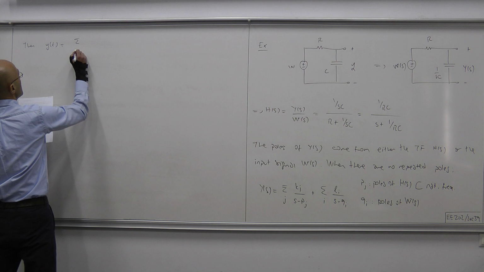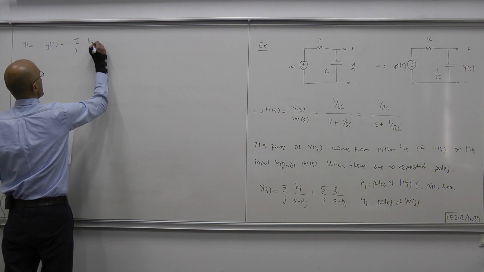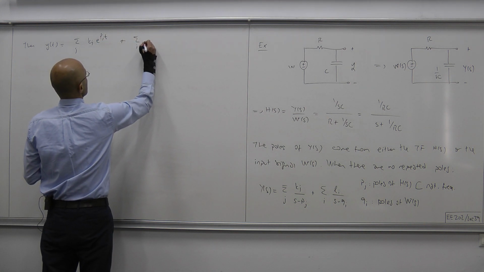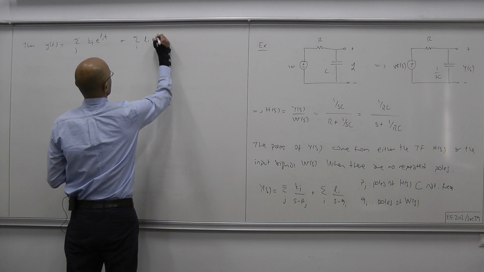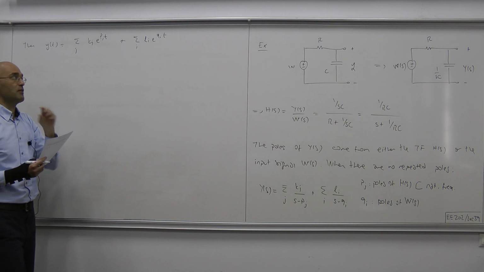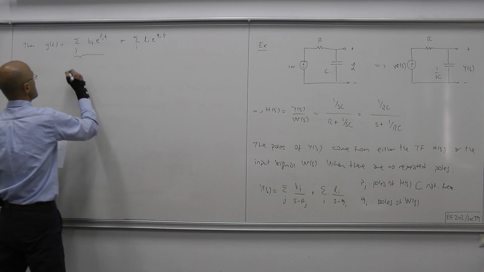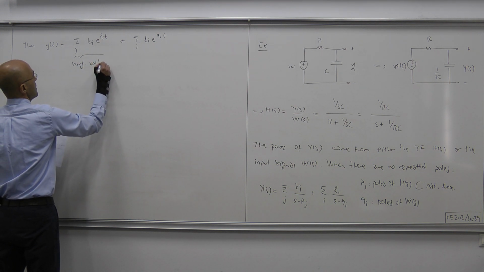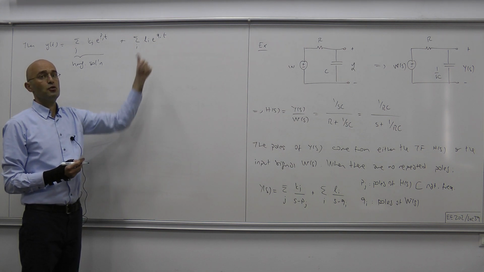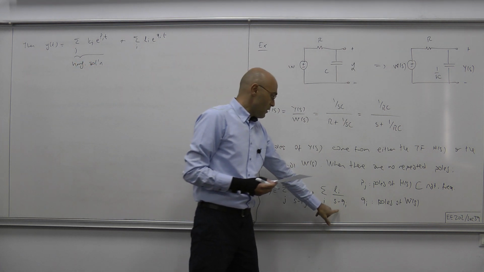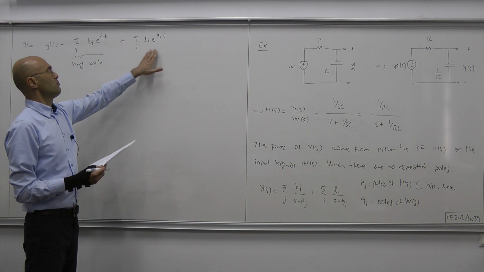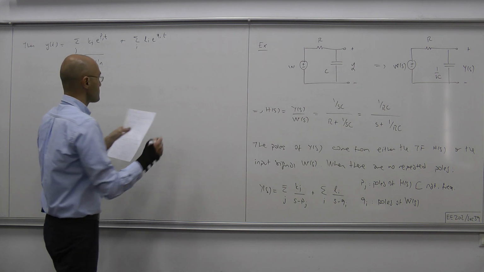In other words, we have the sum over j of Kj e to the Pj t plus the sum over i of Li e to the Qi t. Since these terms are coming from natural frequencies, this is no other than the homogeneous solution piece, and then these terms e to the Qi t are coming from the poles of the input. Therefore, this piece is our particular solution.